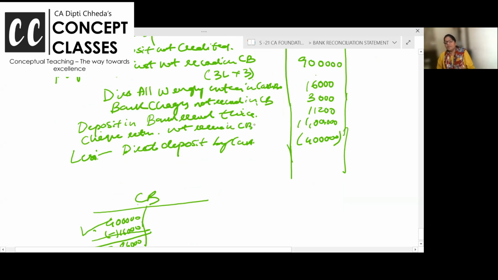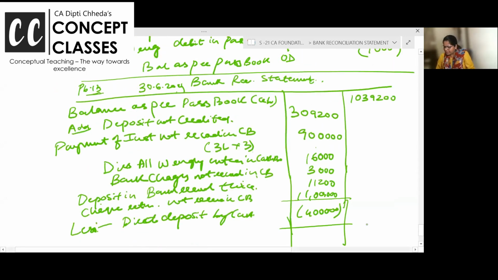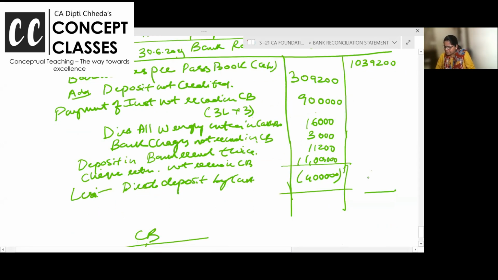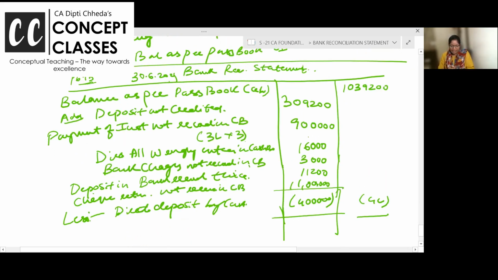Check return not recorded in the cash book, but they have to debit it. So now they will only credit. Just do the total of add and less में तो एक ही item है 4 lakhs. Language is important. इसको वापस पढ़ना, and any entry, any interpretation, if you have a doubt, ask me.